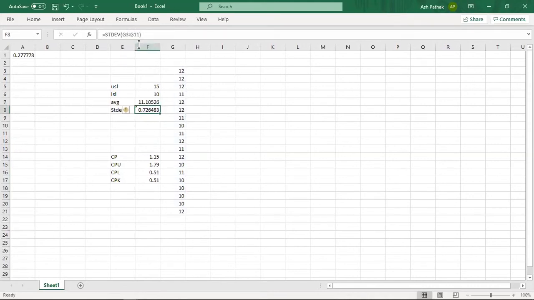Okay, CPK is further reduced. Yeah, right. Because even though we are taking a larger sample size, our data is pretty much skewed towards the lower specification limit.